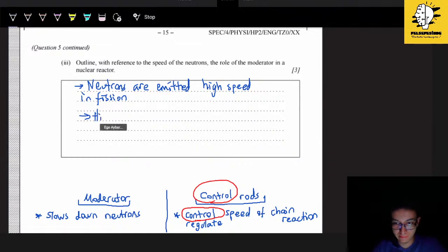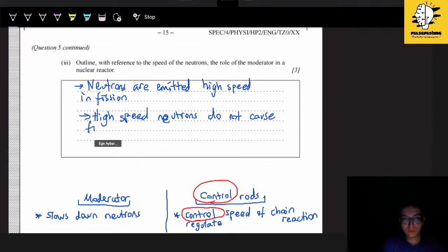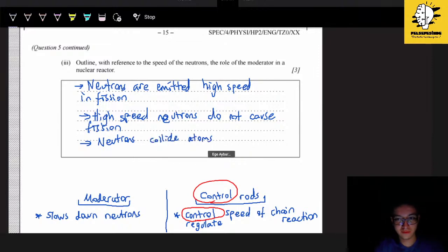Let's write it. High-speed neutrons do not cause fission. And for the next part, we know that neutrons collide with atoms from the moderator. And when they collide, they will lose some of their energy.